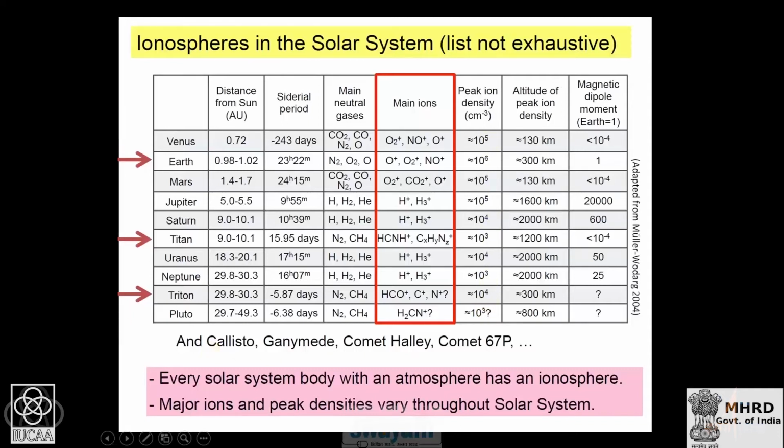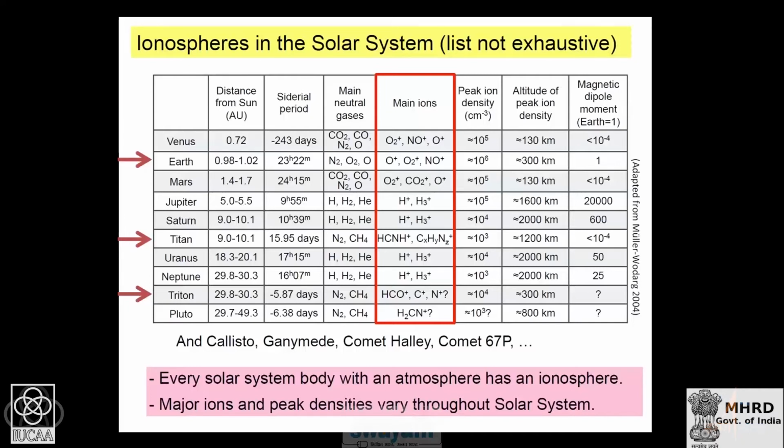But the more important point is whether the dominant gas actually constitutes the dominant ionospheric species. For example, if you look at Earth, we have N2 as the dominant atmospheric gas, but the dominant ion is not N2+, it is O2+.